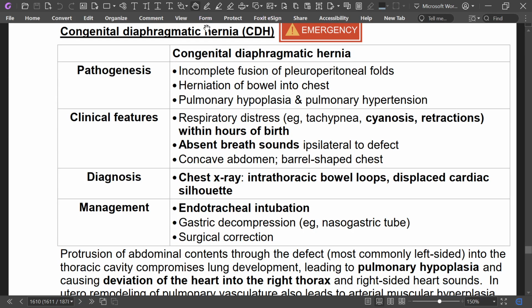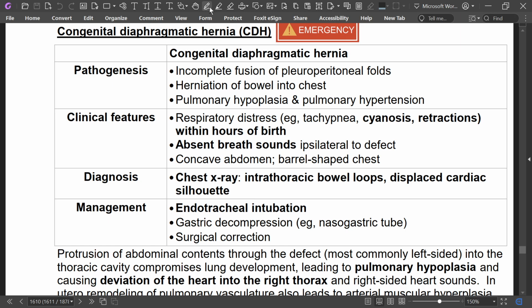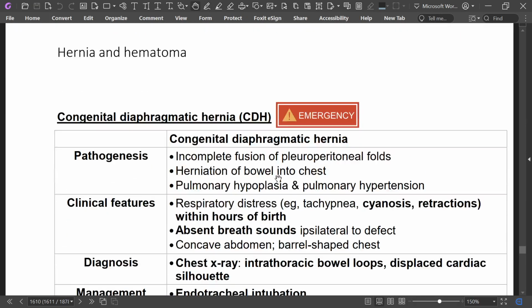What happens in congenital diaphragmatic hernia? There is incomplete fusion of the pleuroperitoneal fold, and there is herniation of the bowel into the chest.